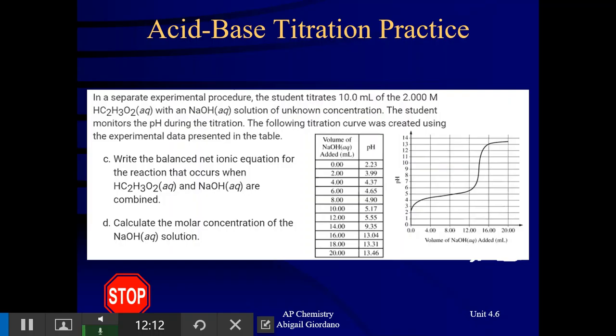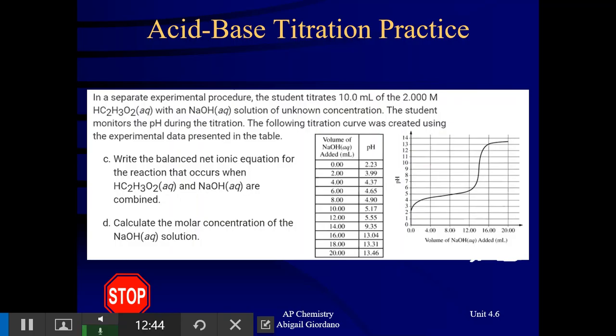It says, in a separate experimental procedure, the student titrates 10 milliliters of 2 molar acetic acid. So again, guys, there's that combination, volume and molarity, right there. With a sodium hydroxide solution of unknown concentration, the student monitors the pH during the titration. The following titration curve was created, and there it is. There's that S-shaped curve.